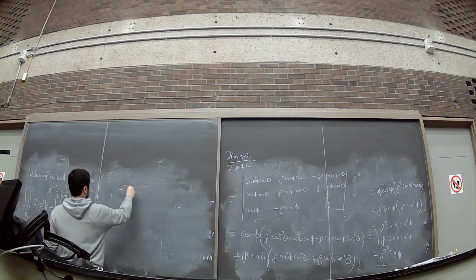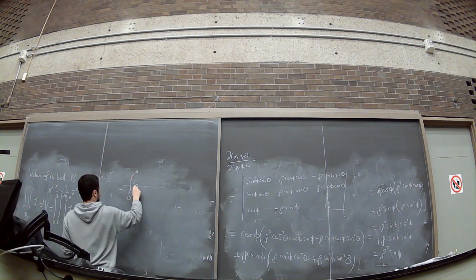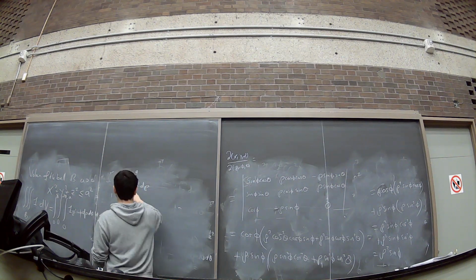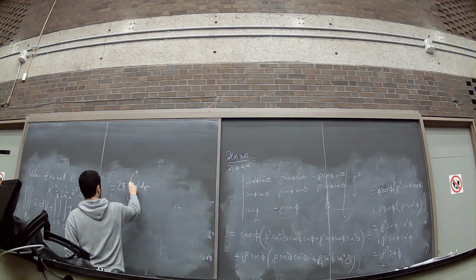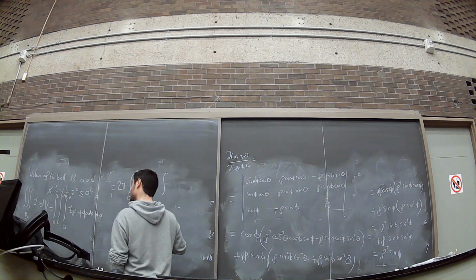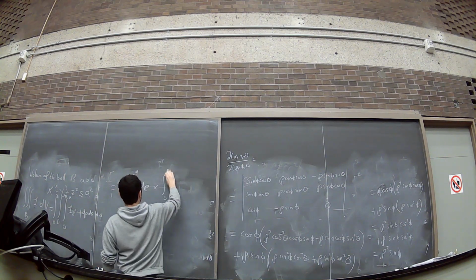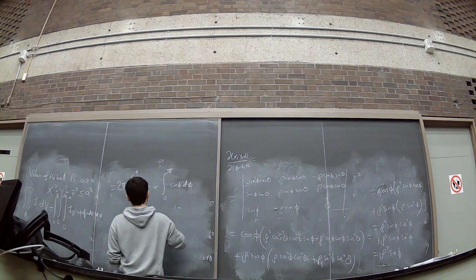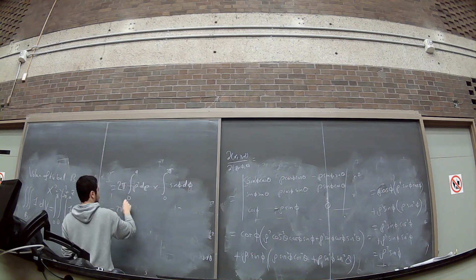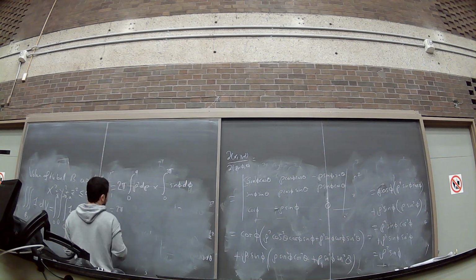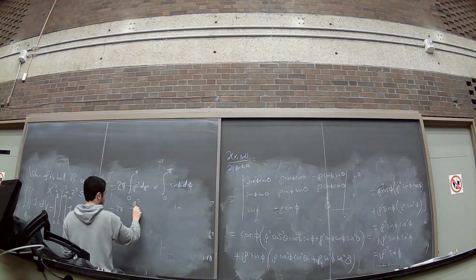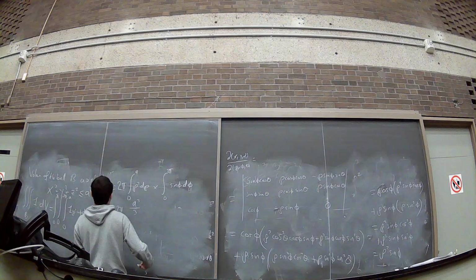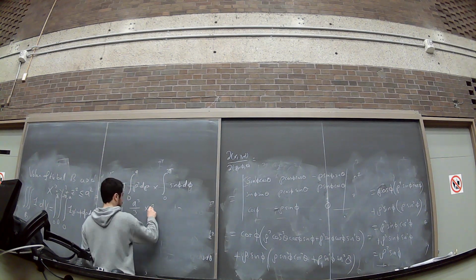You get rho cubed over 3, times the theta integral, which becomes 2 pi, and then the phi integral of sine phi from 0 to pi. What you get is 2 pi, a cubed over 3. Sine phi from 0 to pi, so it's minus cos phi, which gives 2.